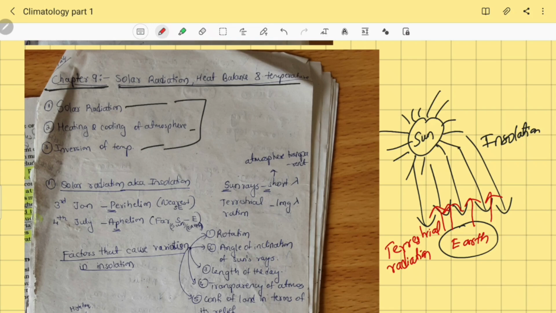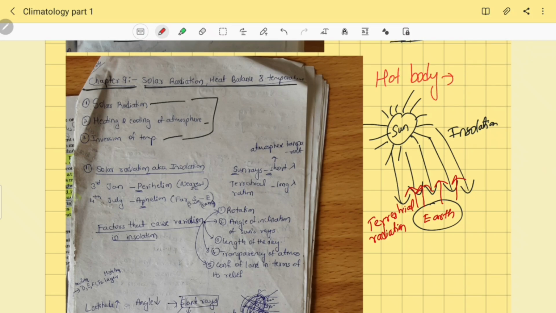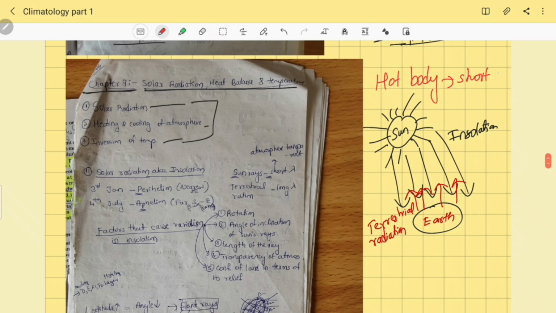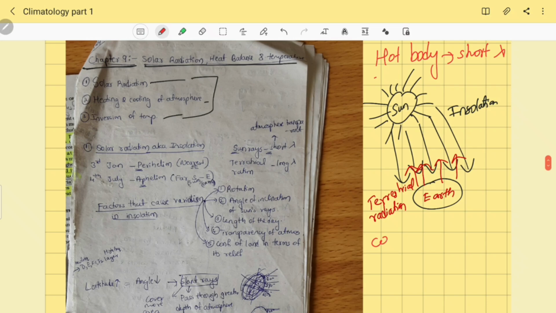So here you need to know that hotter bodies like the sun emit short wavelength energy, and cold bodies like earth emit long wavelength energy, okay.